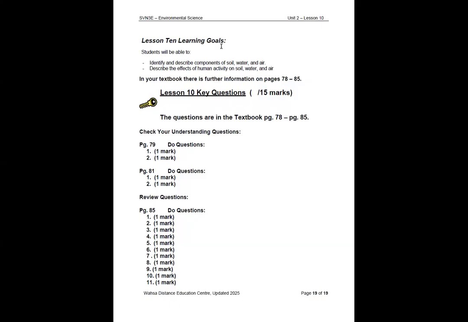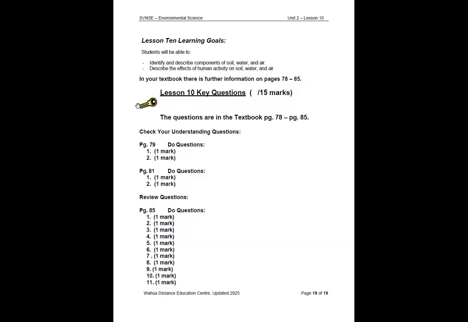And then you'll see it tells us where the questions are. The check your understanding questions are always listed first. So you'll see page 79, do questions. Sorry, I said there was only question 2. I didn't realize that question 1 was listed there. See, that's why you go over to this page here and get your list of questions. So actually it's got listed here on page 19 that we were supposed to do page 79, question 1 and 2.